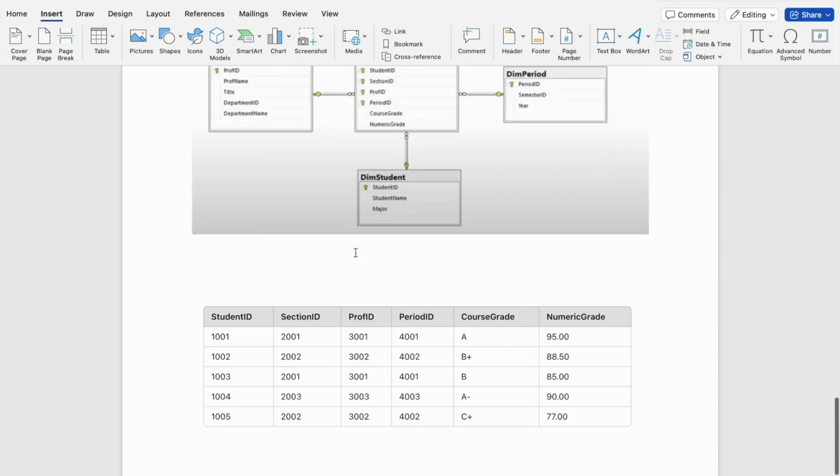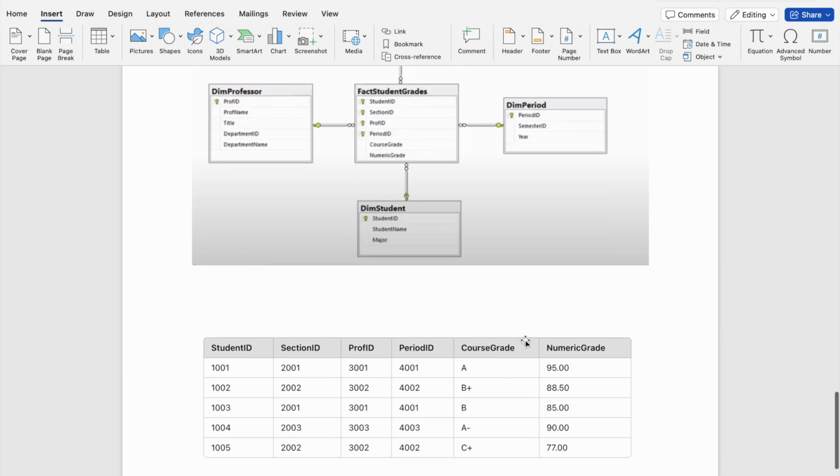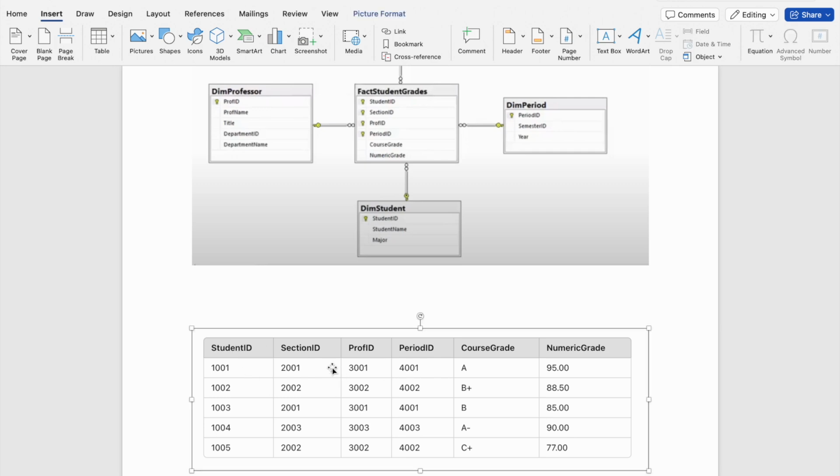To make it clear to understand, I made a table. This is the fact table, how it really looks like, and we have different facts, right? Including student ID, section ID, professor ID, period ID. They are the primary key, or say foreign key. And we also have the measures, like A, B, C for course grades and numeric grades here.